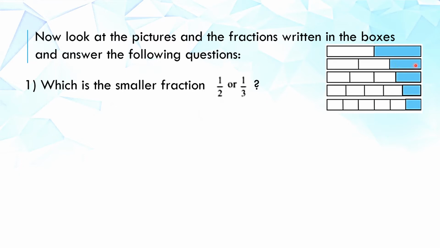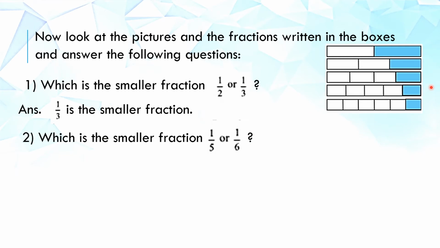Now students, can you make out which fraction is smaller and which fraction is bigger? Yes, 1 upon 2 is bigger because we get more shaded part than 1 upon 3. So, the answer is 1 upon 3 is the smaller fraction.